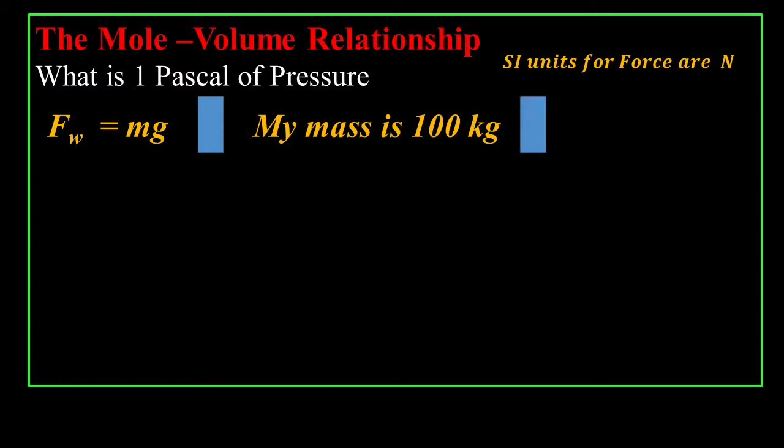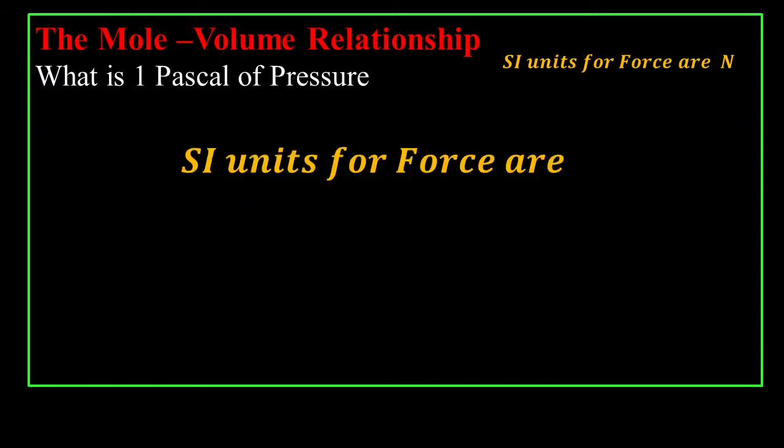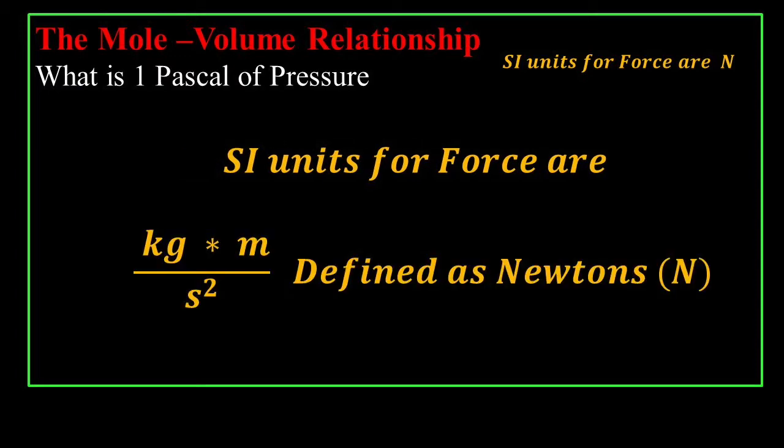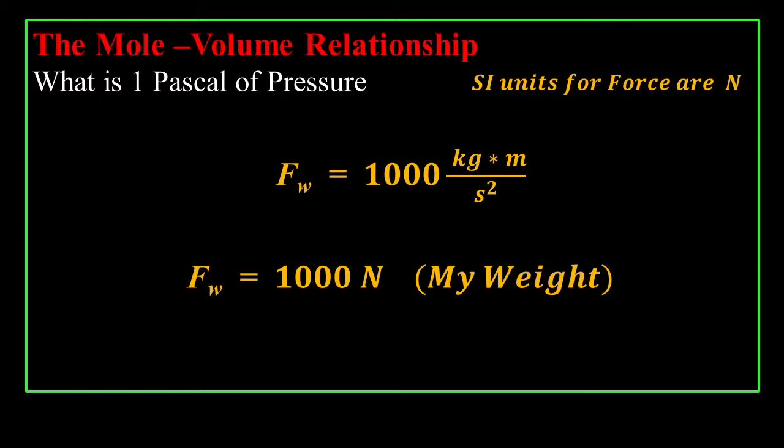So F_W is 100 kilograms times 10 meters per second squared, which is 1,000 kilogram meters per second squared. The SI units for force are, wait for it, newtons, defined as kg m over s squared. So my weight, F_W, equals 1,000 newtons.